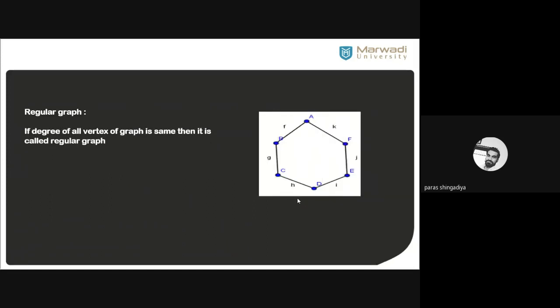But which graph is a regular graph? One example is this: degree of a is 2, degree of b is 2, c is 2, f is 2. All have degree 2, the degrees of all vertices are equal, so this graph is called a regular graph. And here we can add some more examples.